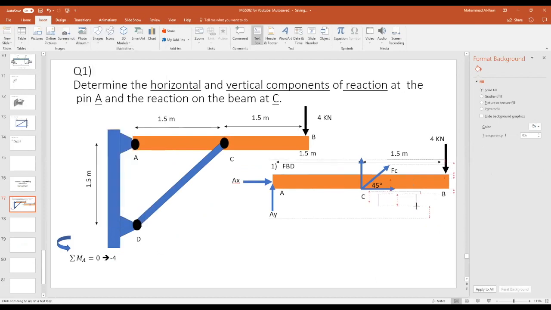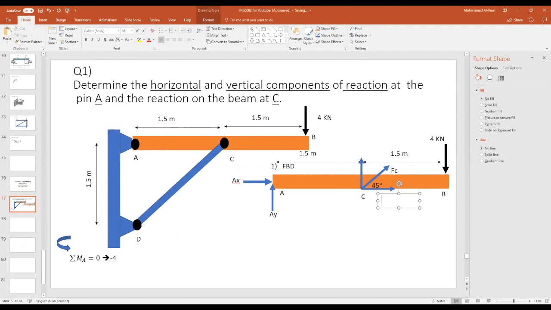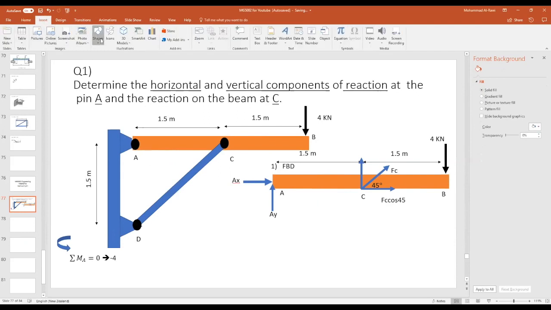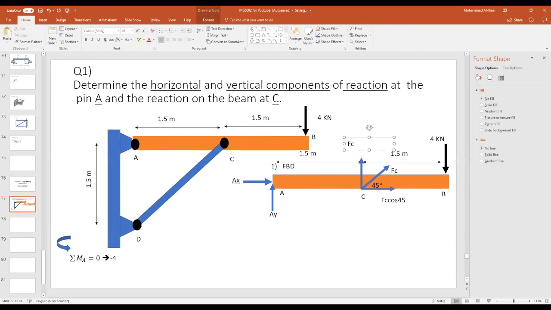You have the horizontal component, which is FC cosine 45. But remember, because we're taking a moment about A, this force will not be taken into account because it will pass through point A. Now I'll take the vertical component of this force. I'll type the equation here: FC cosine, sorry, sine 45.